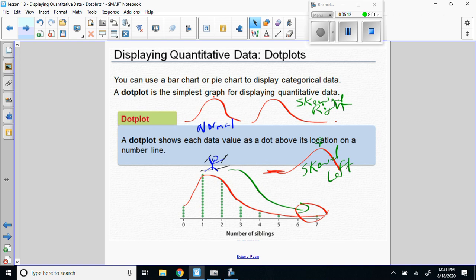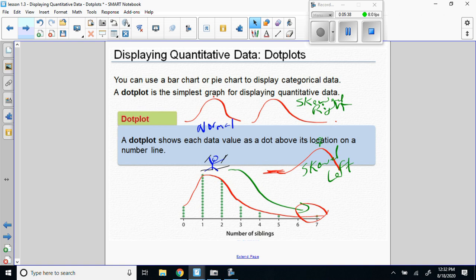Now, any question on this? If they say skew left, skew right, what are you gonna think of? Put the man up on the hill. Which way's he going? Down, to the right.